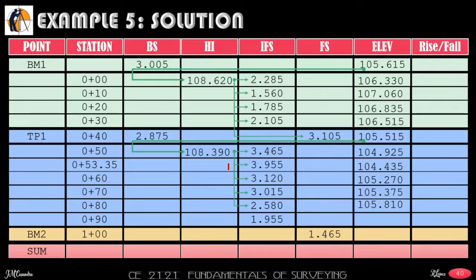Station 0 plus 80 is 105.81. Station 0 plus 90 is 106.435. And lastly, the elevation of BM2 is now computed as 106.925. So remember, for profile leveling, we only take our height of instrument at our station or our point. No need to compute for the height of instrument for each station.